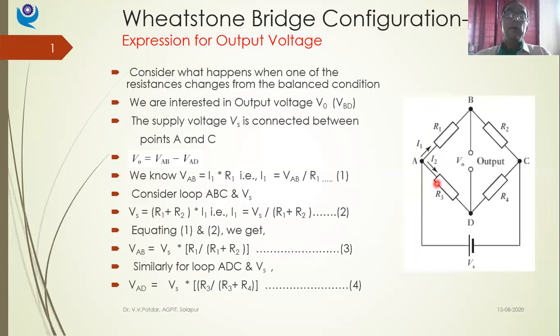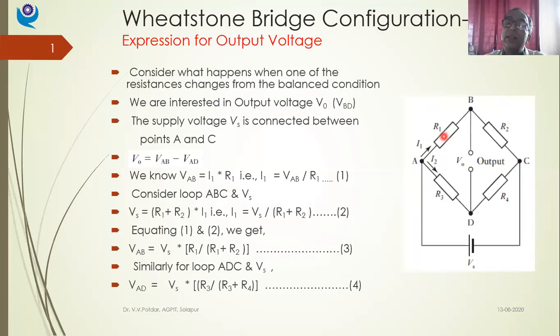Now, today we'll see if one of the arms of the bridge, or two arms, or four arms, all these resistances are replaced by strain gauges, let us say. So what will happen when the strain gauges are subjected to strains, length change, the resistances change.